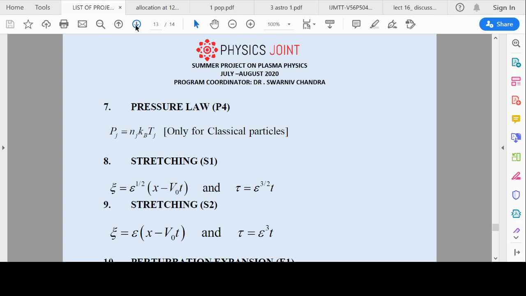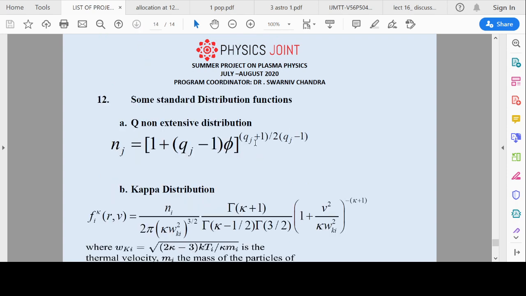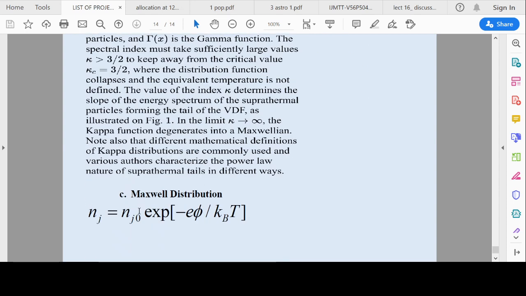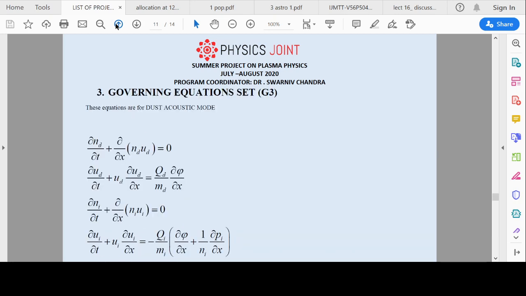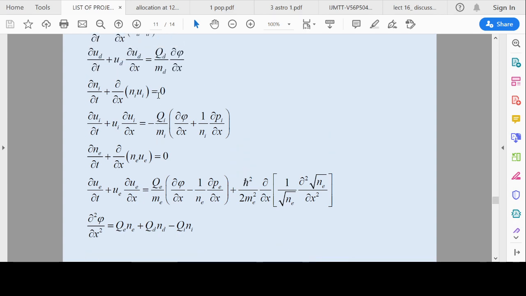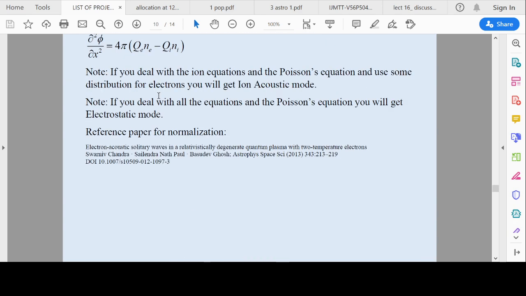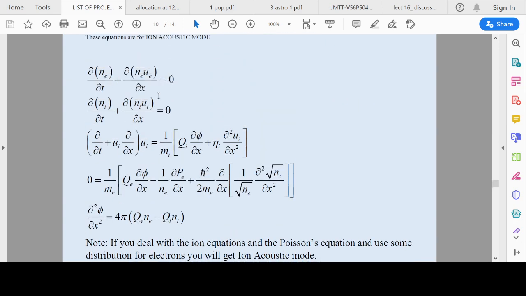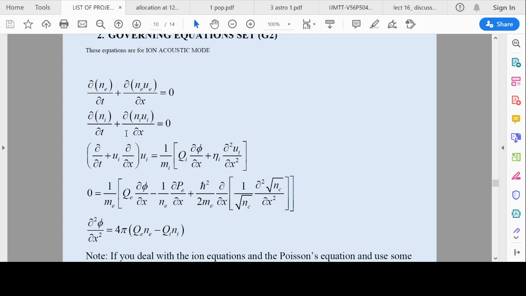You can take this kind of q non-extensive distribution or kappa distribution, or even the Maxwellian distribution. That's up to you what you will take. Here, for the ion acoustic mode, it is sufficient to take this equation, this and this.